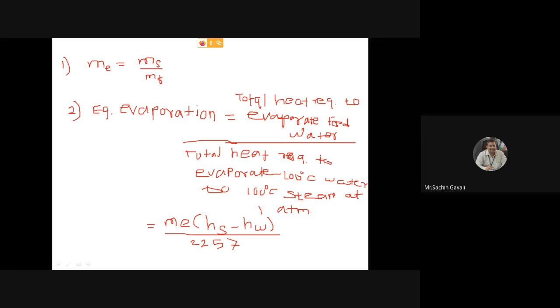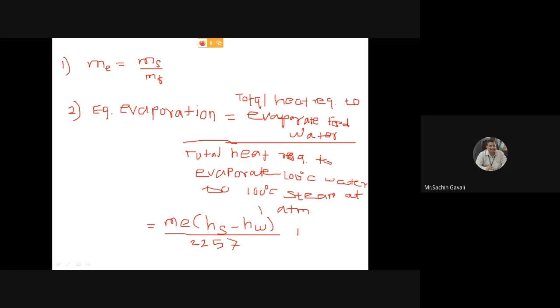Because we are supplying only 100 degrees Celsius feed water to the boiler and generating steam also at 100 degrees Celsius, only latent heat is required. So ME into bracket Hs minus Hw divided by 2257 is the formula for equivalent evaporation.